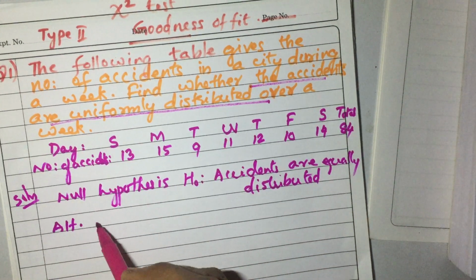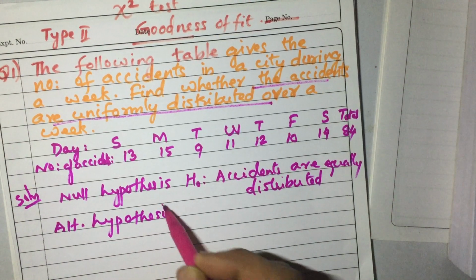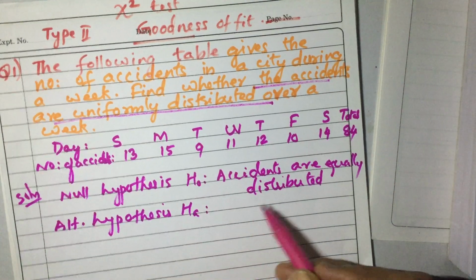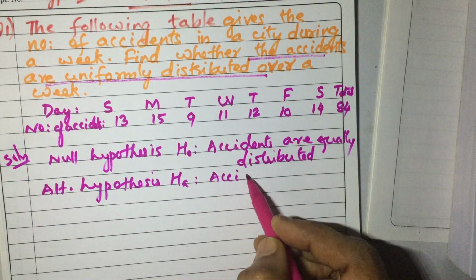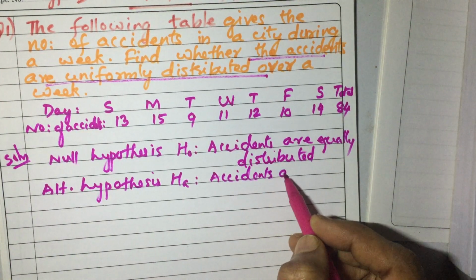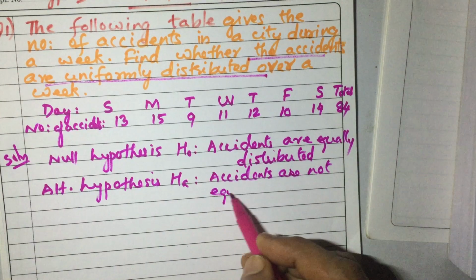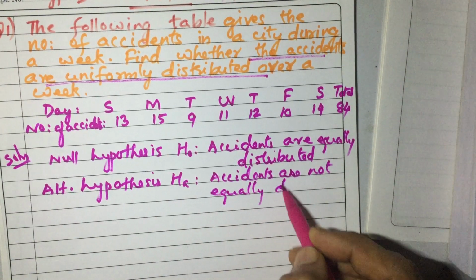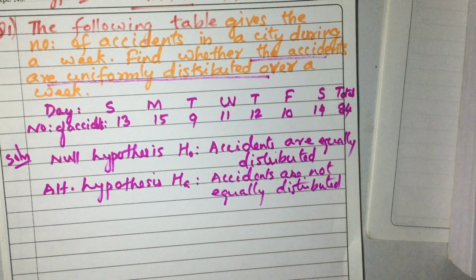And here the alternate hypothesis, HA: obviously, if the null is that accidents are equally distributed, then the alternate is that accidents are not equally distributed. So that is the alternate hypothesis.